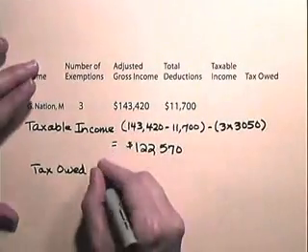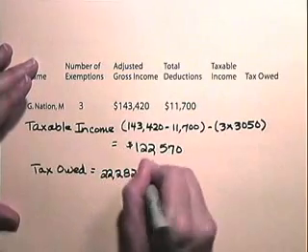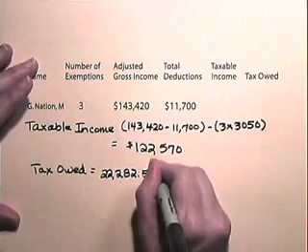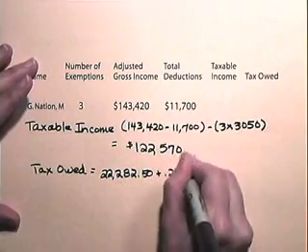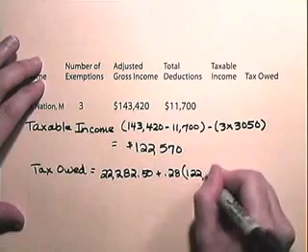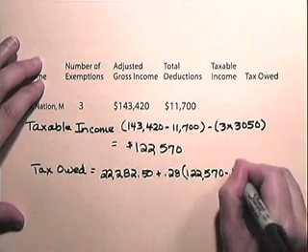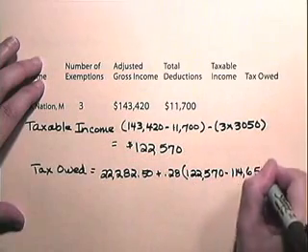So the tax owed will be $22,282.50 plus 28% of the amount over, that's $122,570 over $114,650.